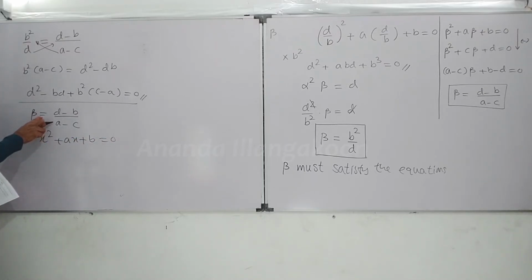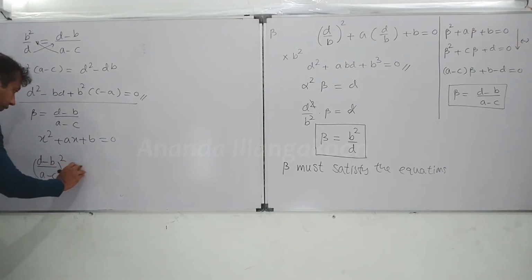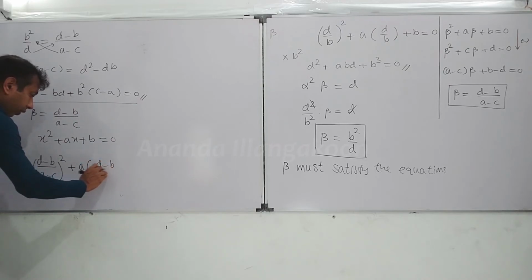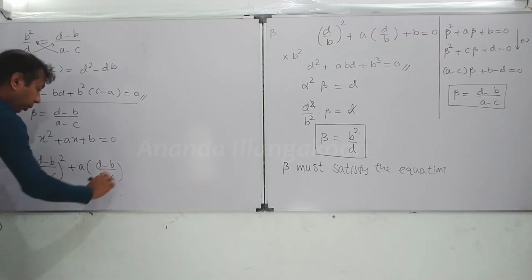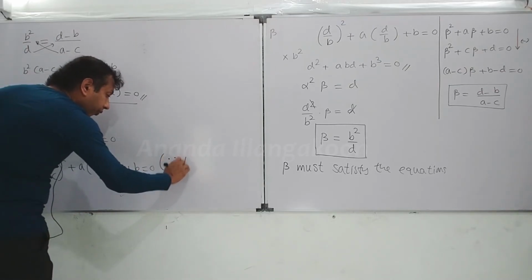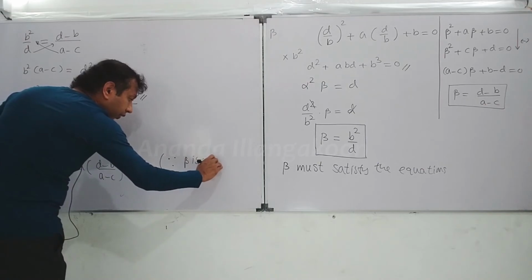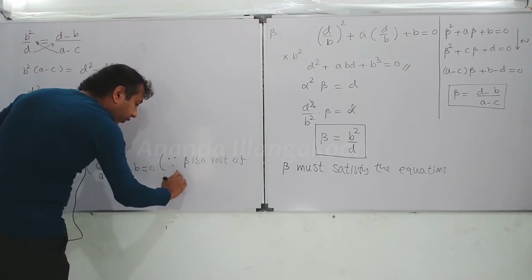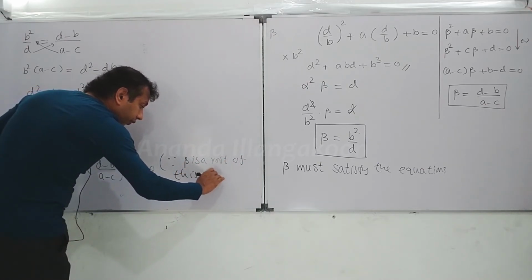So this beta must satisfy that equation, so we can put this beta for x. Then we get (d minus b divided by a minus c) squared plus a times (d minus b divided by a minus c) plus b equals 0, because beta is the root of this equation.